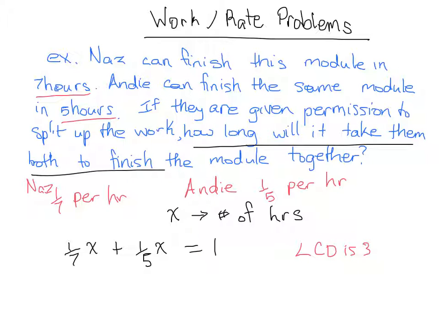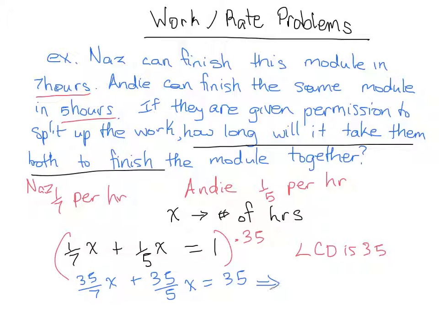I'm going to take everything and multiply by 35. So we get 35 over 7x plus 35 over 5x equals 35, which really is 5x plus 7x equals 35.